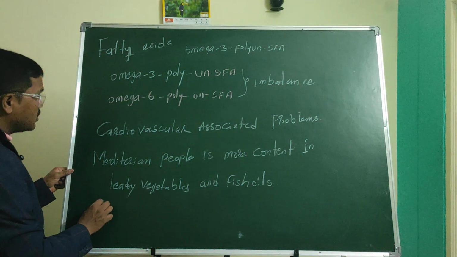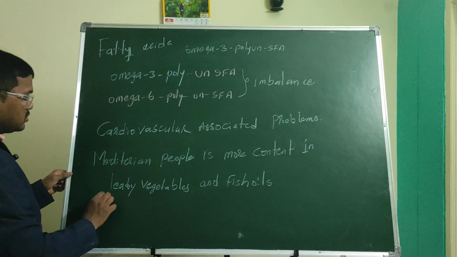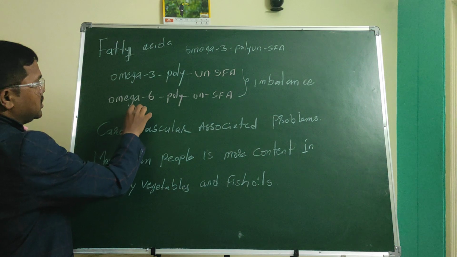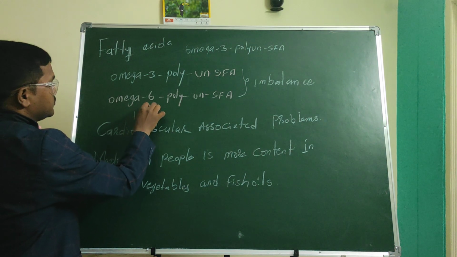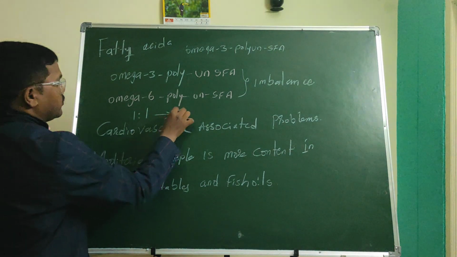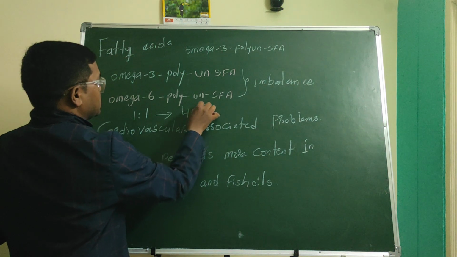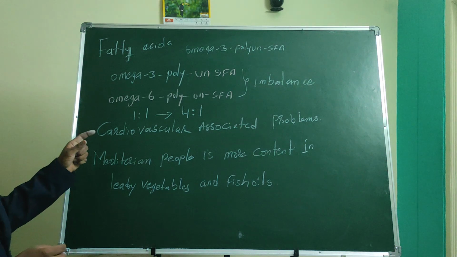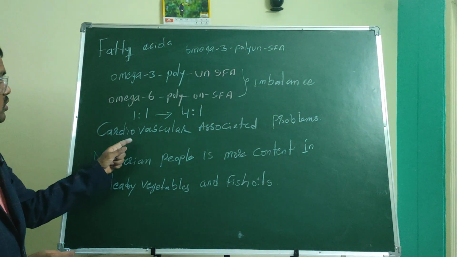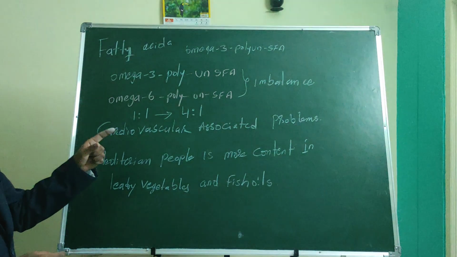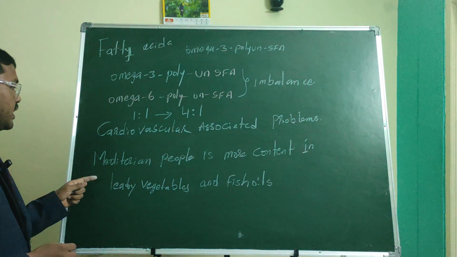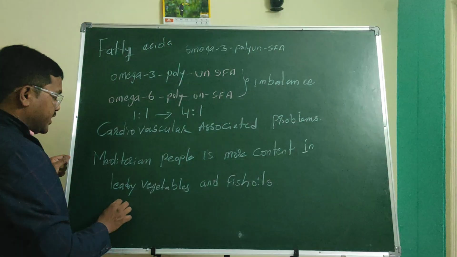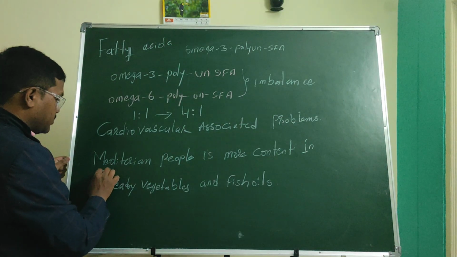The ratio of omega 3 to omega 6 of 1:1 to 4:1 is allowed to control cardiovascular associated problems, and this ratio is often maintained by Mediterranean peoples.